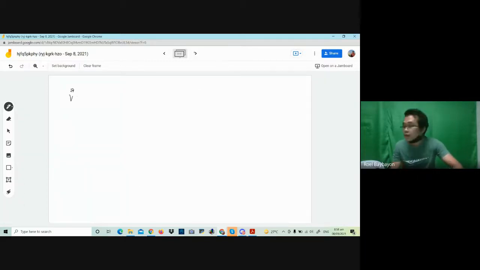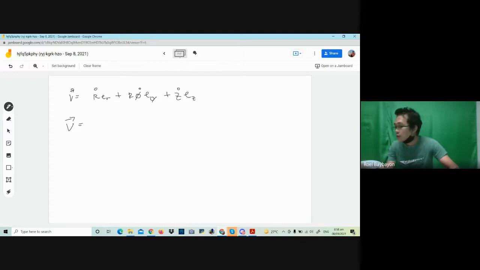V is equal to r dot er plus r phi dot e phi plus z dot ez. So this is actually equal to, answer, r dot is 0. Okay. So nakoy R is B, so nakoy B omega e phi plus z dot, which is c ez. So this is my velocity.